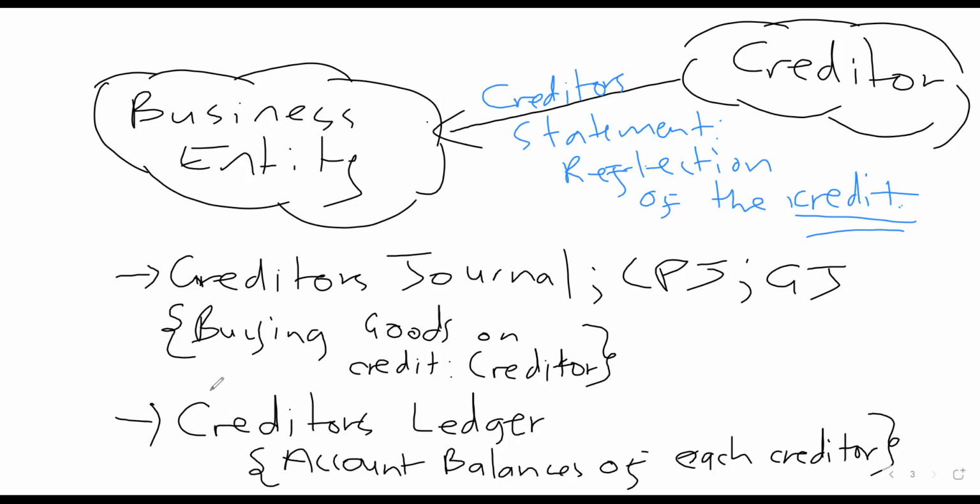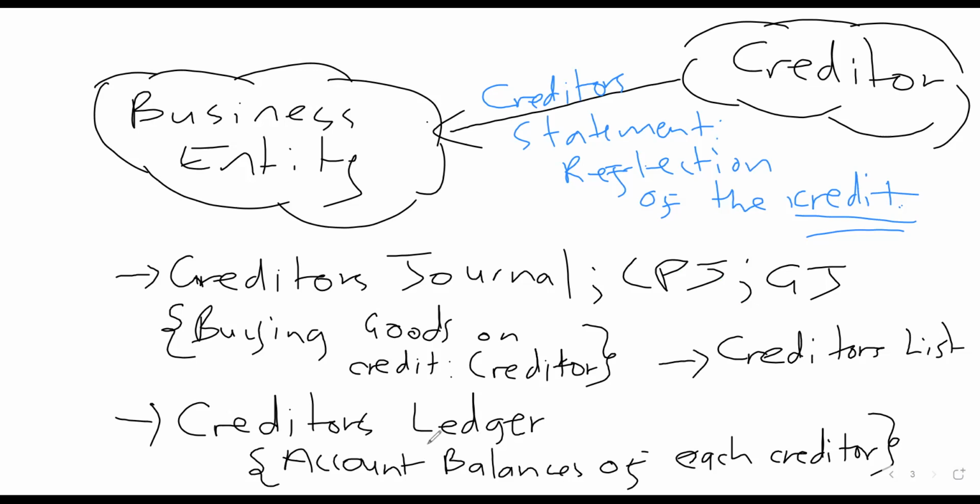Then, of course, we have got the creditor's ledger. In the creditor's ledger, we are able to see the different balances we are owing to creditors by their names. And then there's something called a creditor's list. Are you following? Yes. A creditor's list would be a list indicating the name of a creditor and the amount that we are owing them.